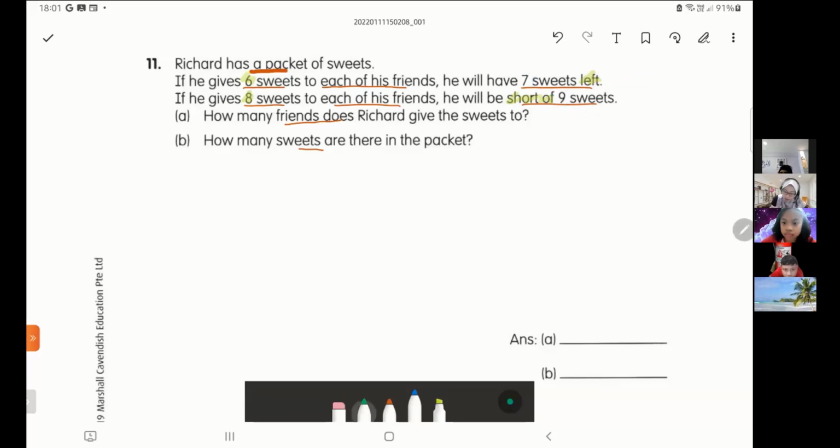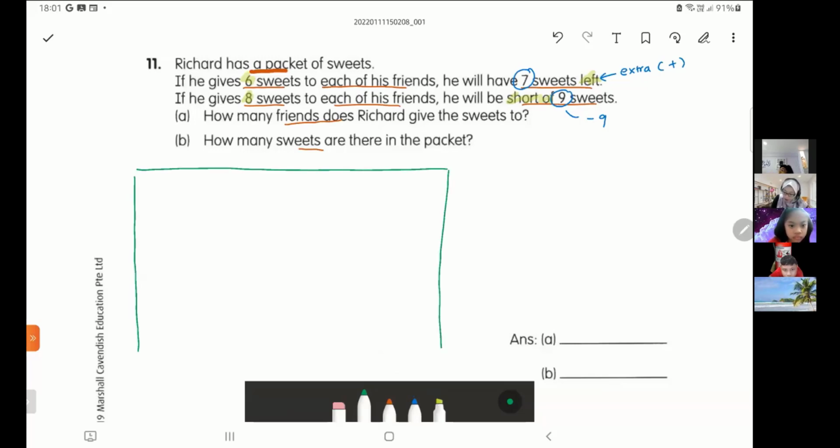Okay, so how do we go ahead and do this? I'm going to draw a table. The table will be a big one. Make sure you use a pencil and a ruler to do this table so that it will be very organized. To see things clearly, you need to be very organized and very neat. Then you can compare. We are going to cut this box into 9 columns.